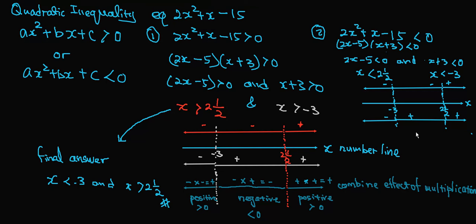For it to be less than 0, it is this times this, that is minus times plus equals negative. Therefore, for it to be less than 0, the x value must be within from here to here. So x must be more than -3 and less than 2.5.